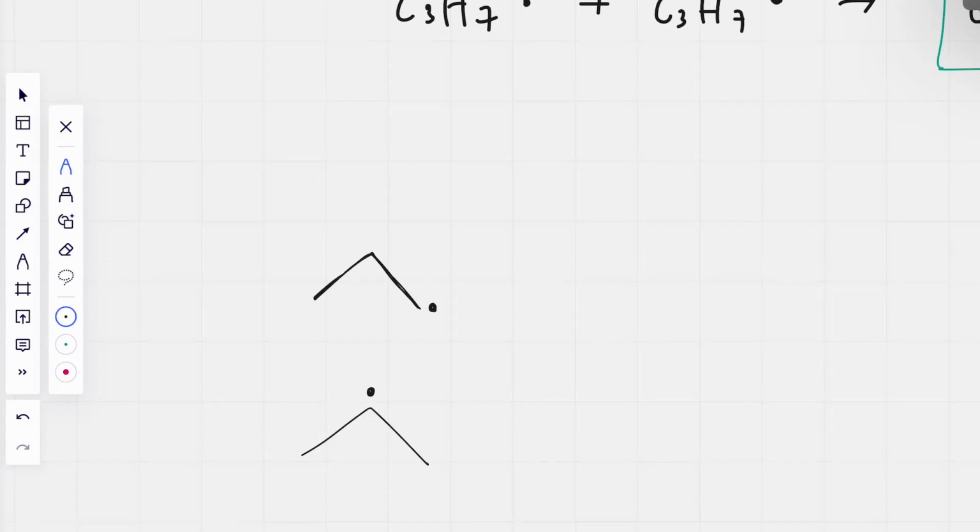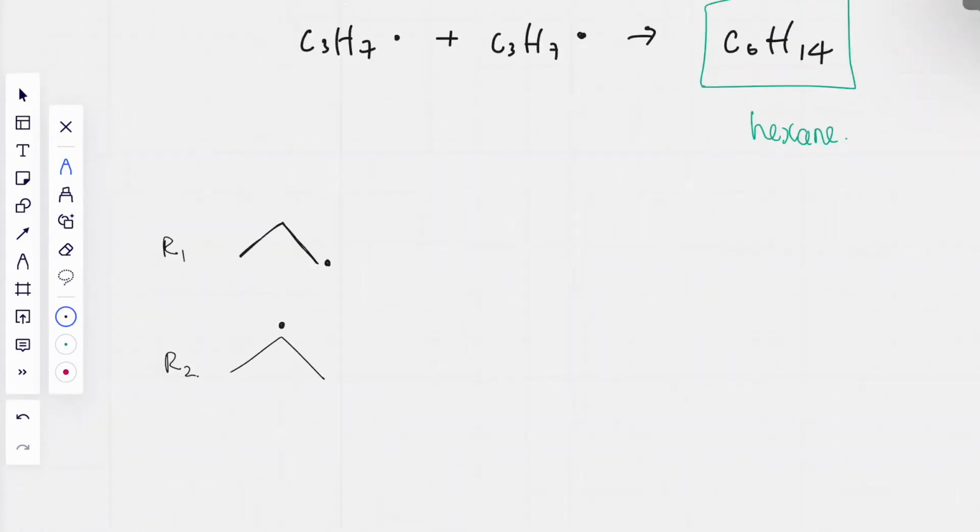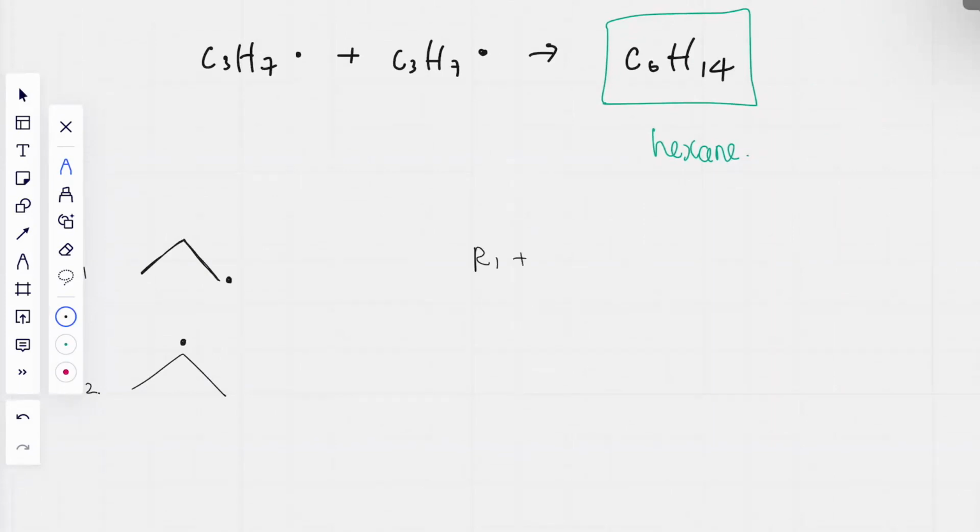Any other possibility? No. This one is radical number 1. This is radical number 2. Is it possible that R1 reacts with another R1? Yes. What will you get?